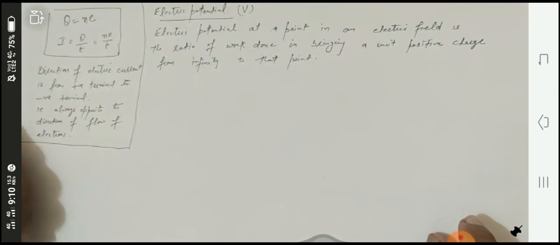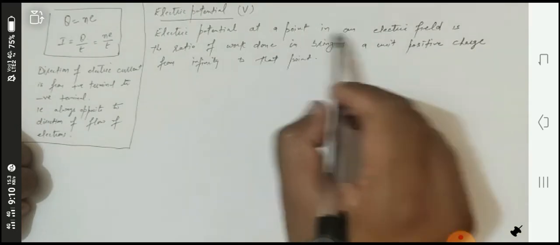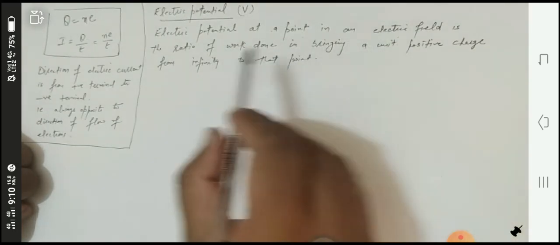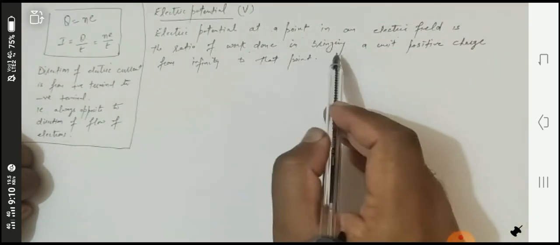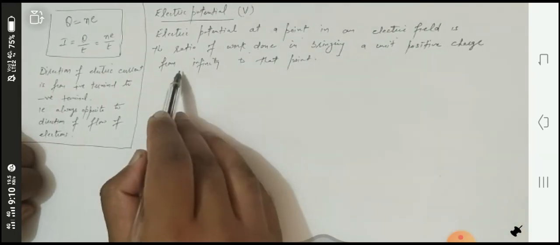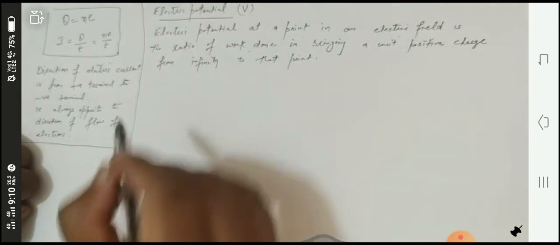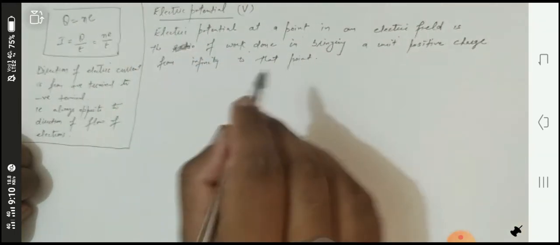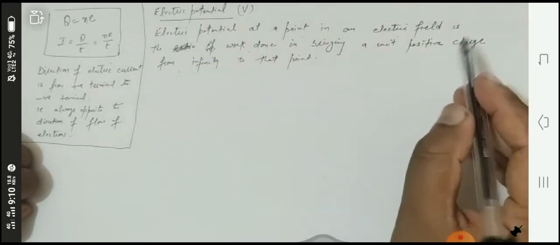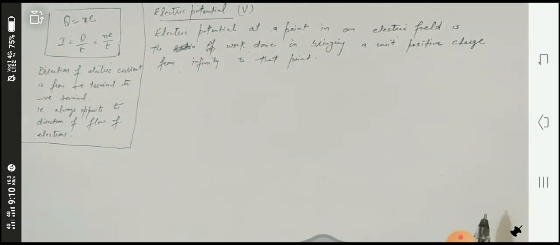Or you can say electric potential at a point in an electric field is the work done in bringing a unit positive charge from infinity to that point. Don't write ratio. Is the work done in bringing a unit positive charge from infinity to that point.